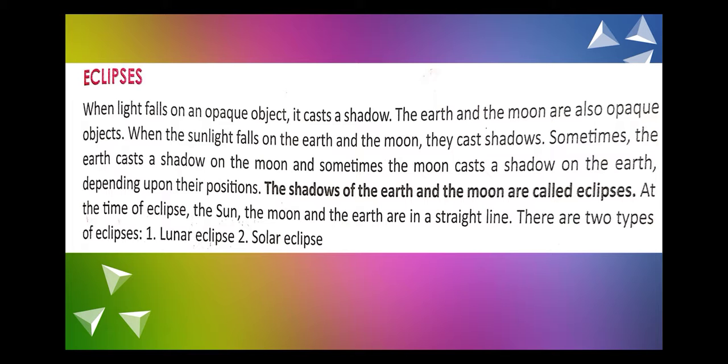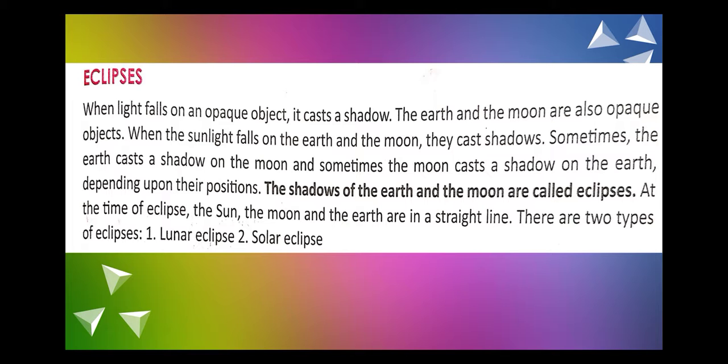So, when the sunlight falls on the earth and the moon, they cast shadows onto each other. Sometimes the earth casts a shadow on the moon, and sometimes the moon casts a shadow on the earth. The sun is a fixed body, whereas the moon and earth keep moving. The moon keeps revolving around the earth, and the earth keeps revolving around the sun.